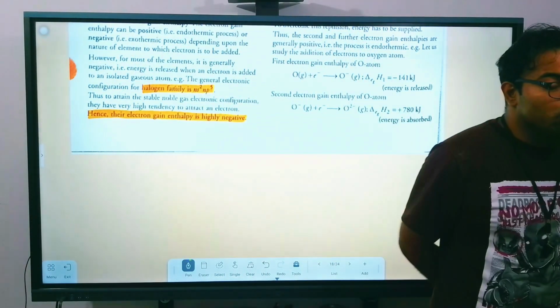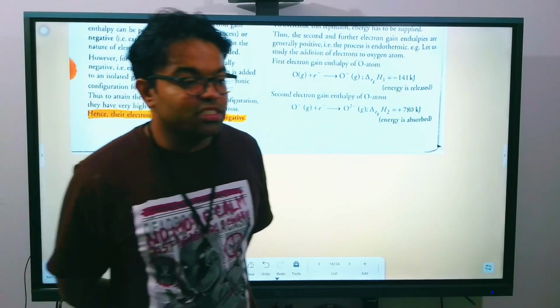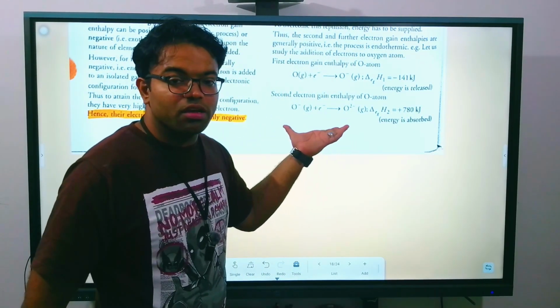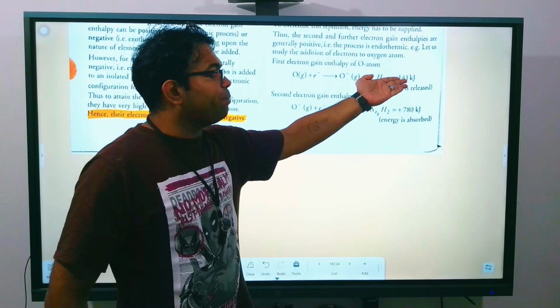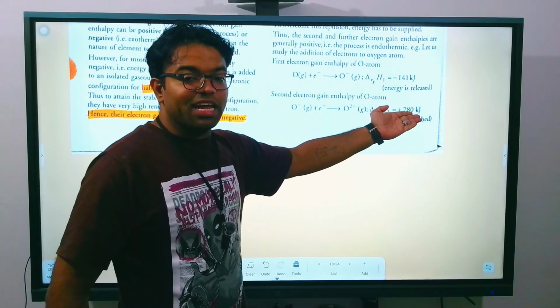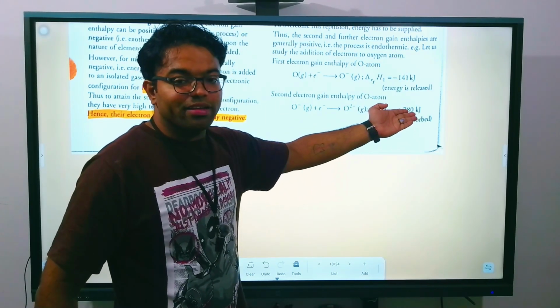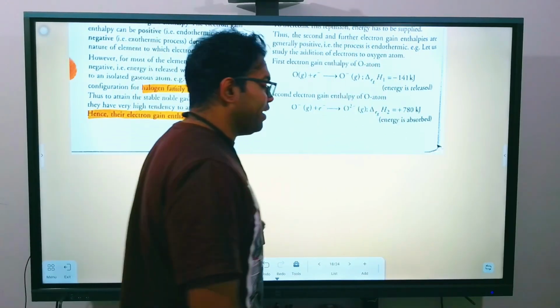For the second one, you have to give roughly 780 kilojoules of energy per mole to attain this minus 2 charge. Understood? First enthalpy negative, second enthalpy positive. Energy released here, energy supplied here. Clear?